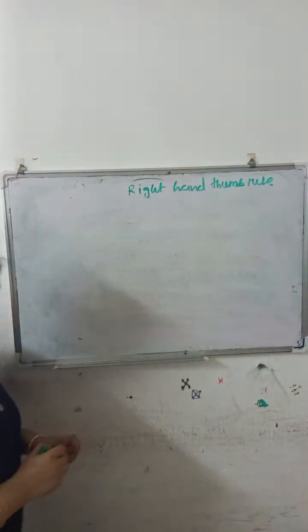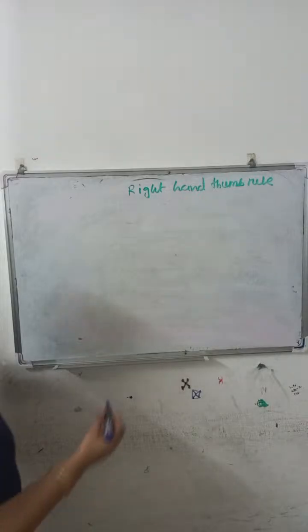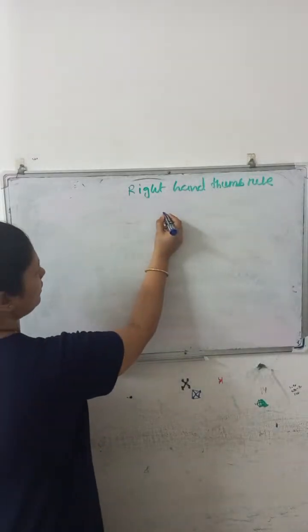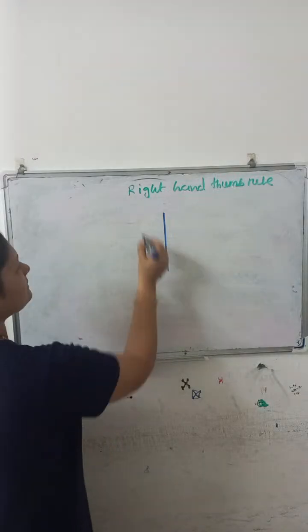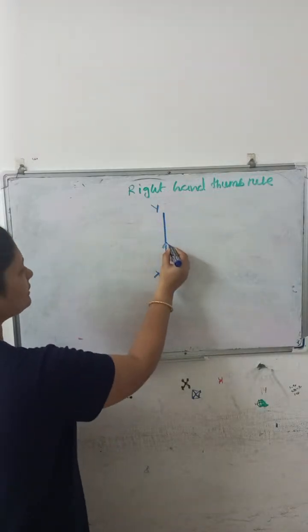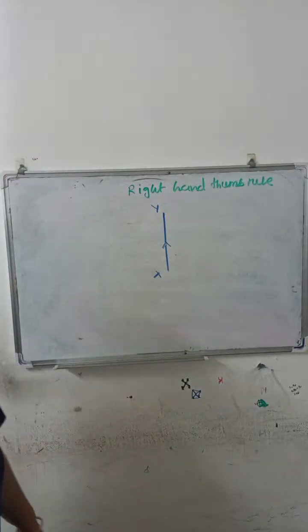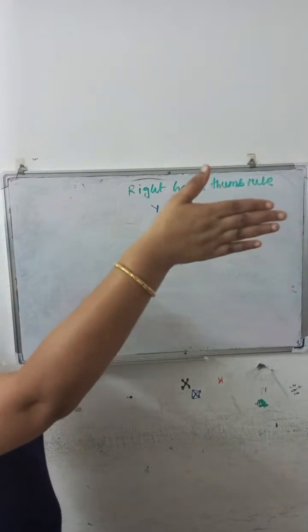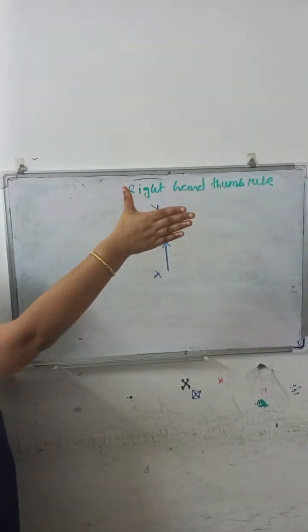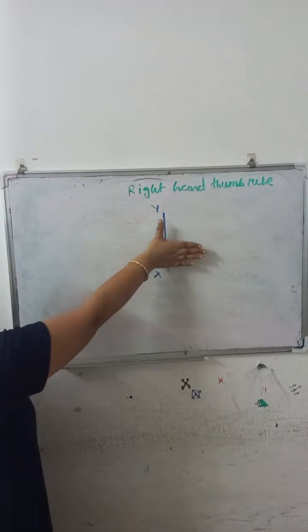Now I know everyone has a right hand with them. Here I have a current carrying conductor. This is X and this is Y. Current is going in the upward direction. Take your right hand, keep it like this, and keep your thumb in the direction of current.